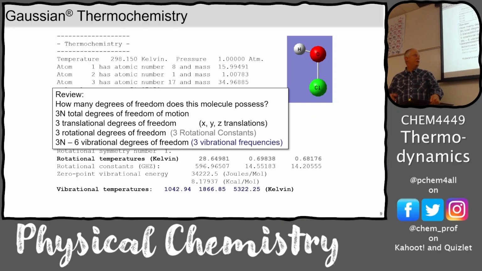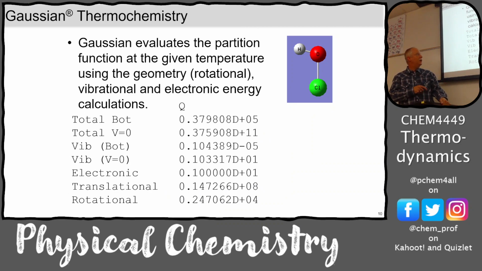So if you were just shown this and you had to guess what Q would be, it would be roughly 1 for each of these. So 1 times 1 times 1. So your total vibrational Q would be 1 cubed. And so that's what we have here. v equals 0, it's very close to 1. It looks like 0.1, but remember this crazy scientific notation. It's 0.1 times 10. So that's what you would estimate.